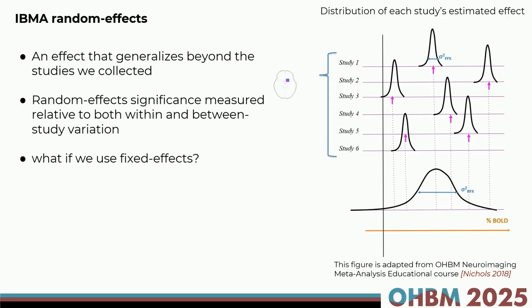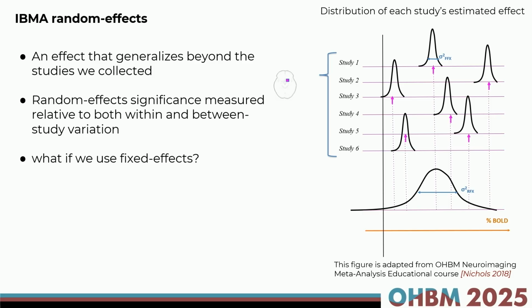So now I will dive into more detail of the random effects IBMA method. As we have mentioned, random effects generalizes beyond the studies that we have collected. If we look at the figure on the right, there is a distribution for each study's estimated effect, which is represented by the little black curves. We notice that these distributions have different means, which represent the across study heterogeneity.